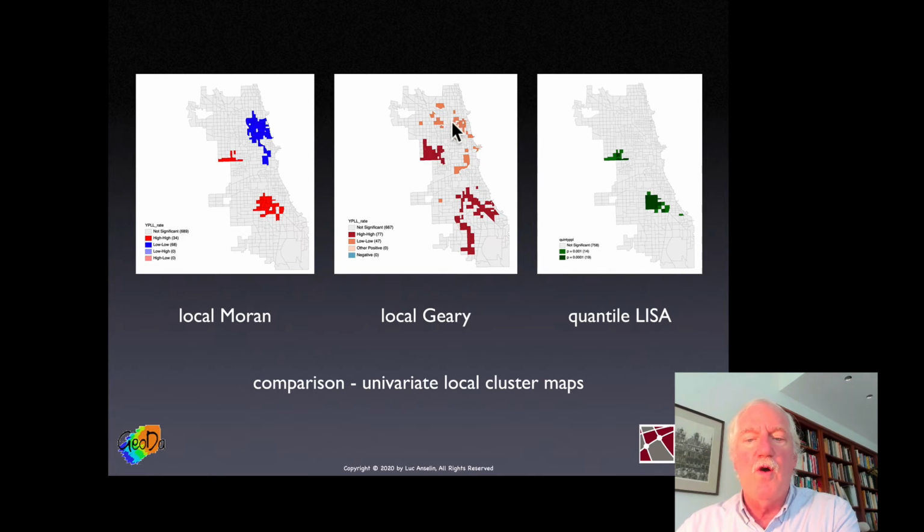And then the low is much more disconnected than it is for the local Moran. And then in the Quantile LISA, we pick up this cluster here, which is similar to these two. And then we pick up a strong cluster in this location, which is not really evidenced by the local Geary, but is picked up by the local Moran.